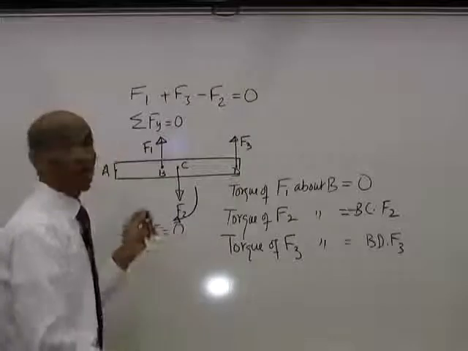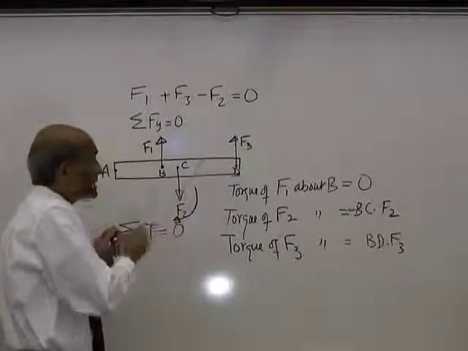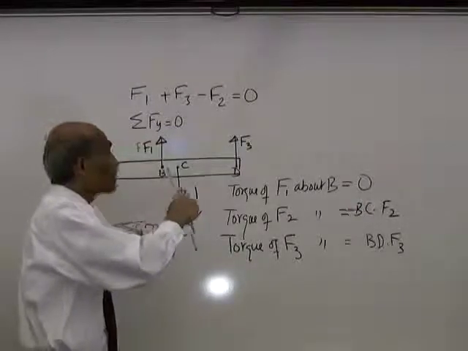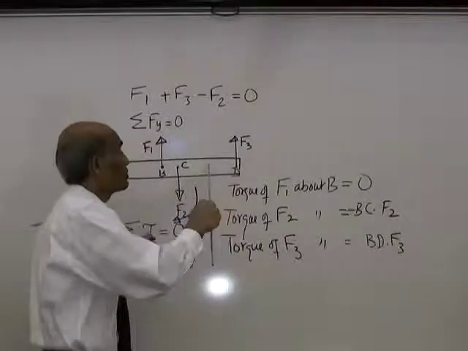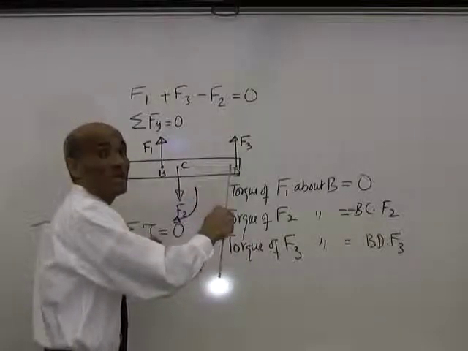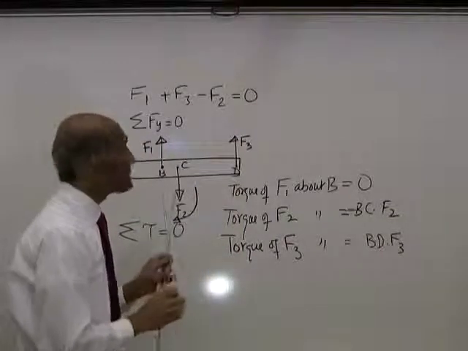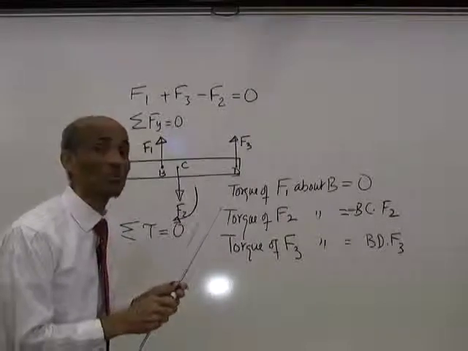So the torque of the force F3 about an axis that passes through B will be the torque arm, the perpendicular distance between the force and the axis, that is BD, multiplied by the force F3. Now tell me, is this a clockwise torque or a counterclockwise torque?